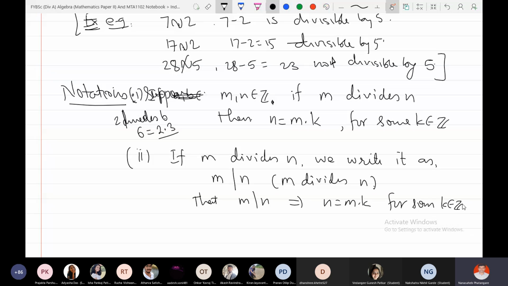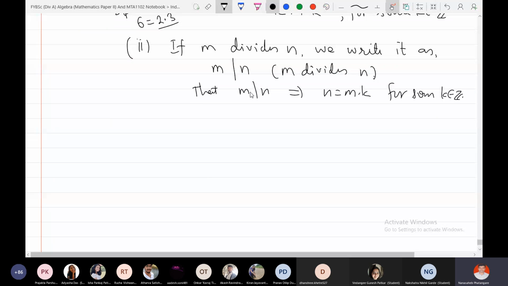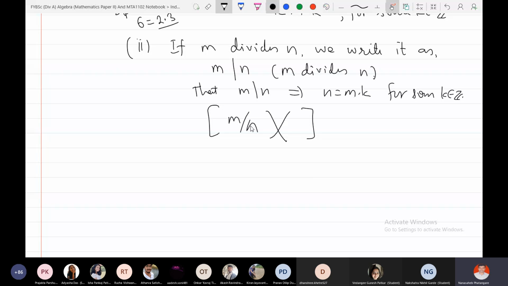This is a notation, and this is a vertical line. And remember that this is not like m by n. m divides n is something different from m by n. So these two are not equal. So remember this.